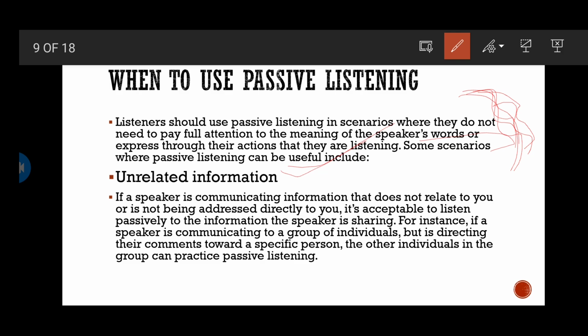If you are in a session where the speaker is totally concentrated on one person, then you can practice passive listening there, where the speaker is not pinpointing each and every individual in the group. There you can prefer passive listening, but it depends on you.